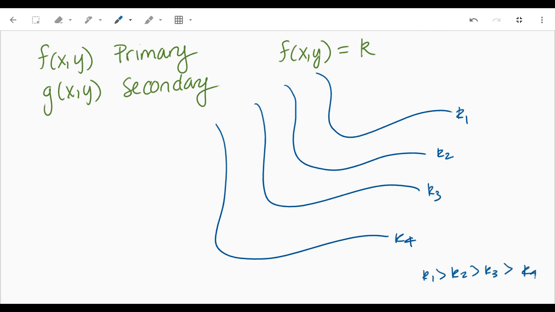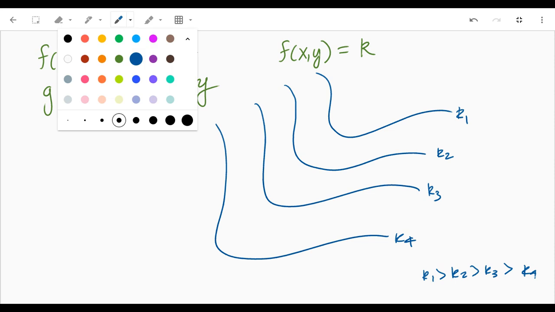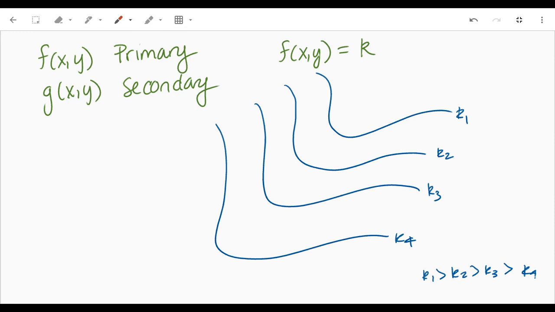So in a maximization problem, ideally we could be on the K1 curve. We're going to try to get the highest value we can. But then we've got this restraint going through, and K doesn't necessarily have to be a whole number. Let's say your restraint curve goes through like that. So this is g of x, y equals some constant. That restraint is set.